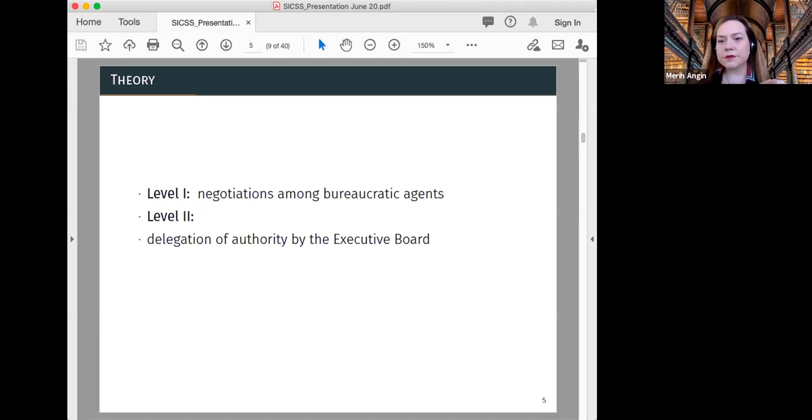The executive board delegates, as I said, a substantial degree of autonomy to the staff, who has the economic expertise and is concerned about both maintaining the legitimacy of the institution and his or her own prestige, meaning that fear of failure and the desire to minimize criticism is at work.